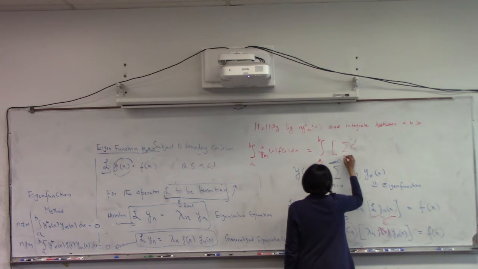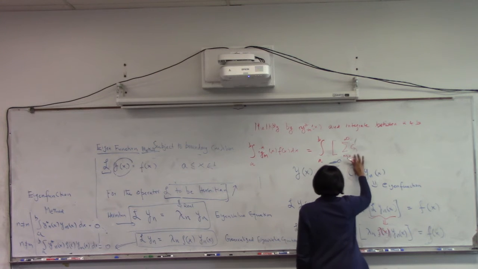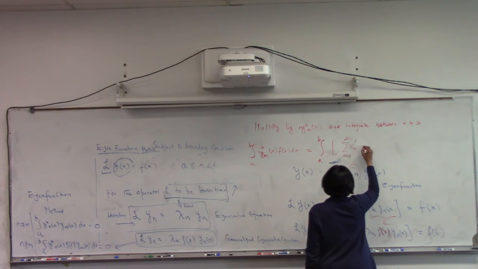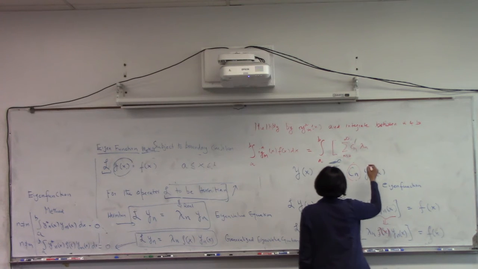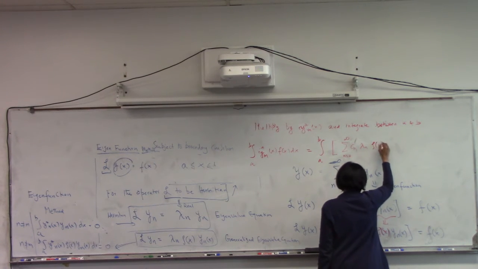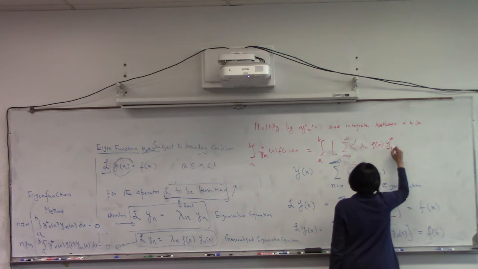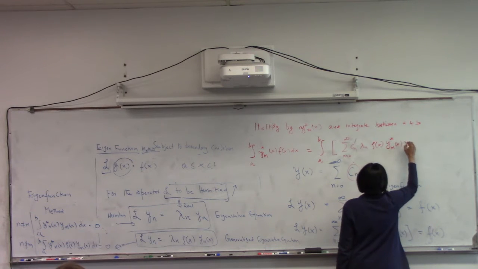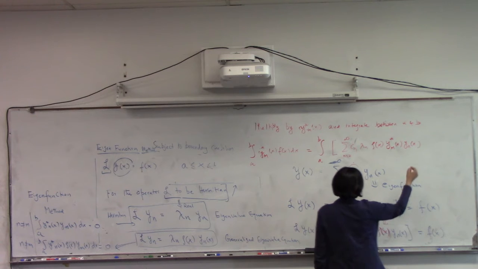The sum over n from 0 to infinity of c_n, lambda_n is there, rho of x, y star m(x) y_n(x) dx.